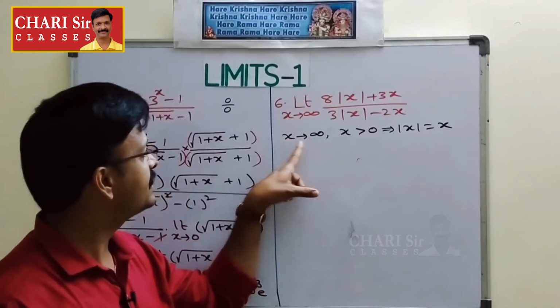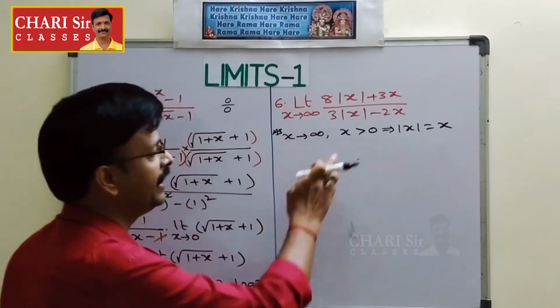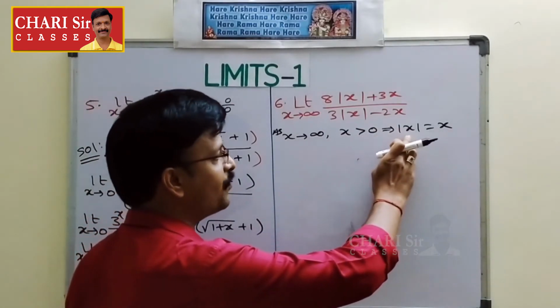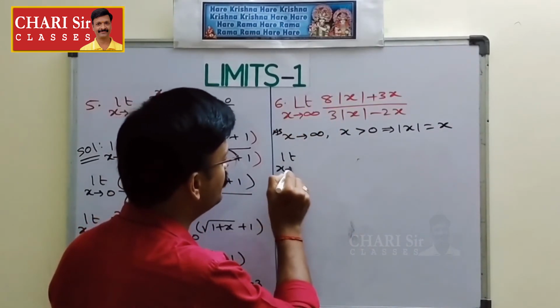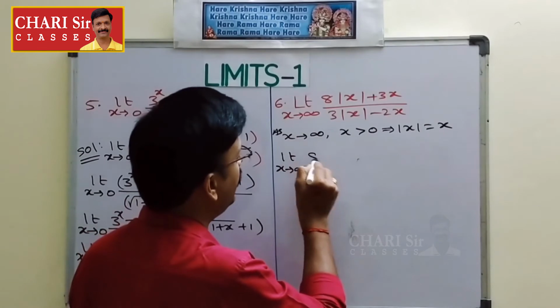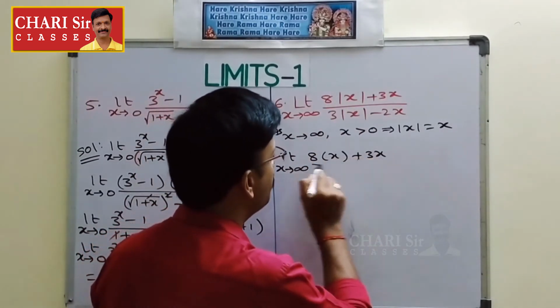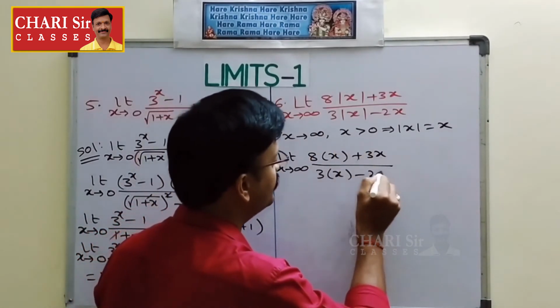Here as x is tending to infinity, x is greater than 0, which implies modulus of x equal to x. Now we can write limit x tends to infinity, (8 modulus of x plus 3x) by (3 modulus of x minus 2x), with modulus of x replaced by x.